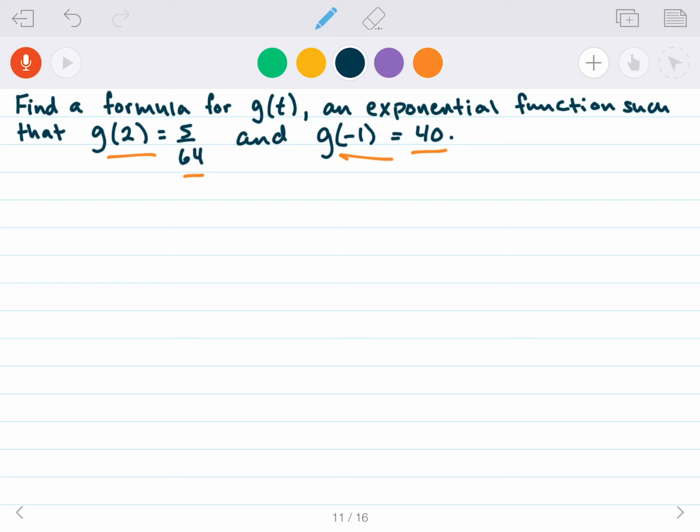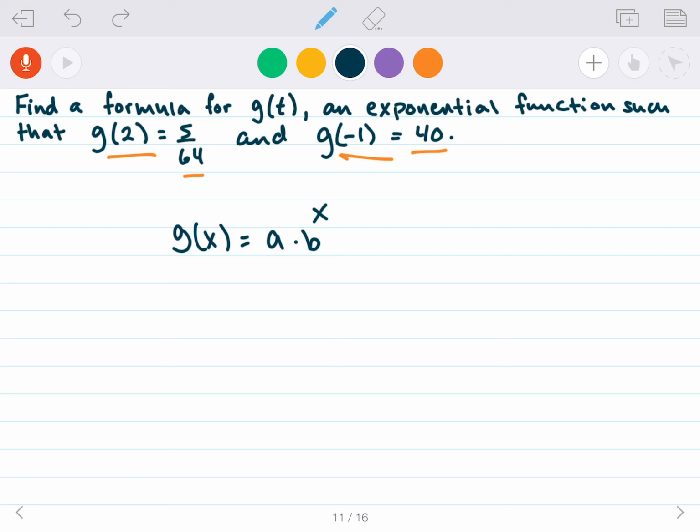So first thing is we're going to have this general form g of x equals a times b to the x. Alright, and in x comma g of x, we don't know A and we don't know B, right? Because we have G of 2 and G of negative 1, and neither of our inputs are 0, so we can't determine what A is.